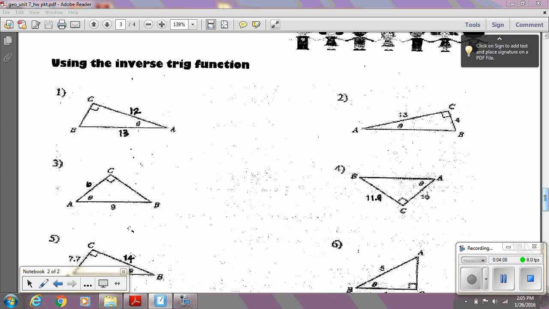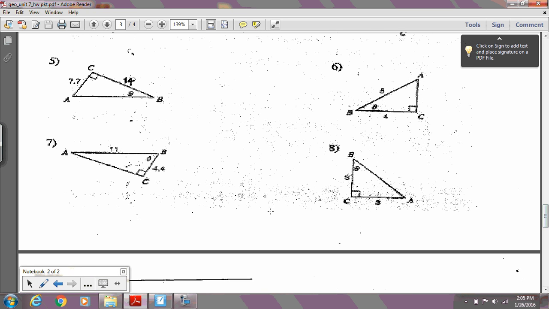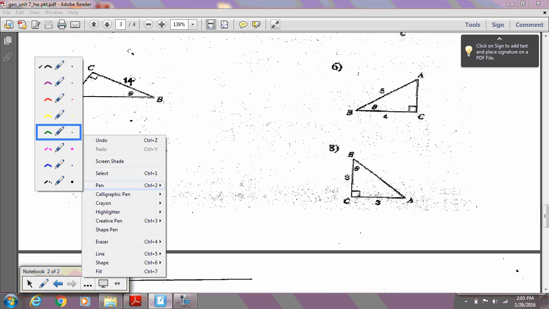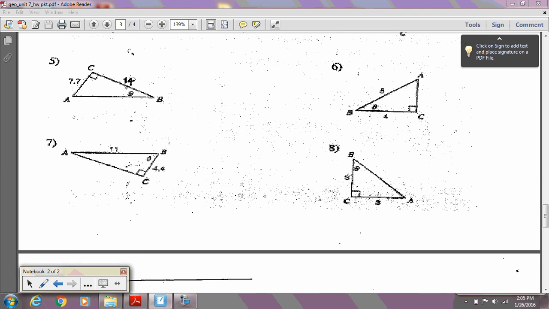All right, number 5. Here's theta. I have the opposite side, which is 7.7, and then I have the adjacent side, which is 14. So that means I can use the tangent function. Tan of theta is equal to opposite, 7.7, over adjacent, which is 14.